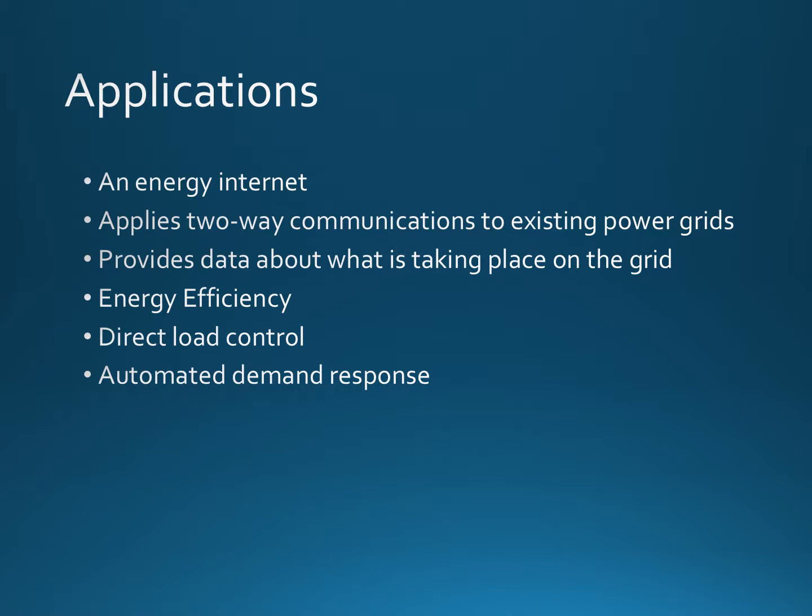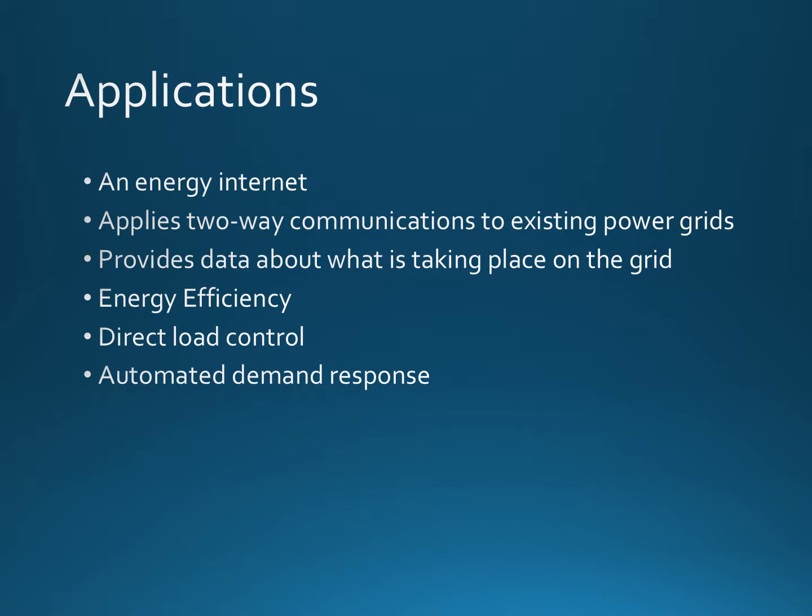Being able to have that smart thermostat and having a smart grid here in Ohio, I'm able to connect my thermostat to the Wi-Fi, and I can basically tell whether my energy is running when I'm not home just by using my mobile device. Or I can have certain settings to help me save on my energy consumption, and it has actually worked for me. It applies a two-way communication to existing power grids. So basically it's a communicator.